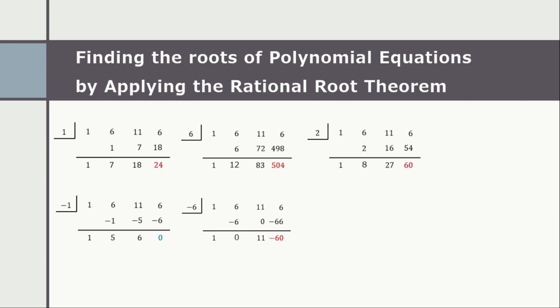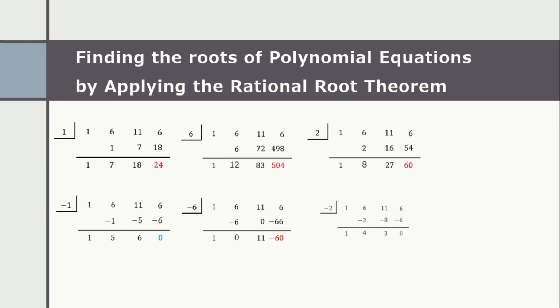Then 11 plus 16 will give us 27. Then 27 multiplied to 2 will give us 54. Then 6 plus 54 will give us a remainder which is equal to 60. The remainder is equal to 60. Therefore, positive 2 is not a root of the given polynomial equation.